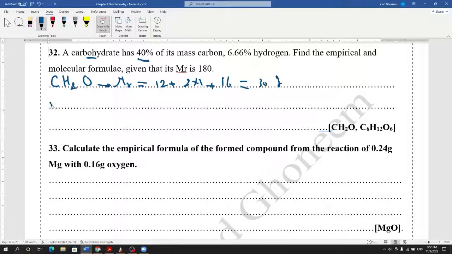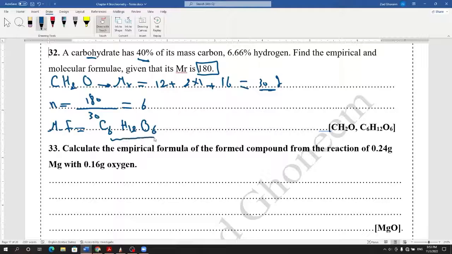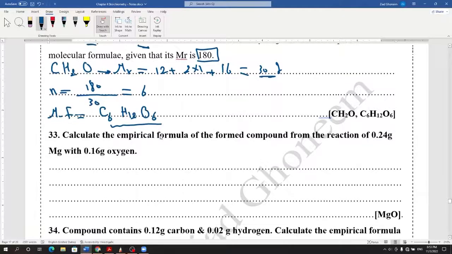Now we get the number of moles, the actual mass, which is 180, divided by the relative molecular mass of the empirical formula, which will be equal to 6. Now, to get the molecular formula, multiply that n by the empirical formula. So we have C6H, 2 multiplied by 6 is 12, O, 1 multiplied by 6 equals 6. So this is the molecular formula.